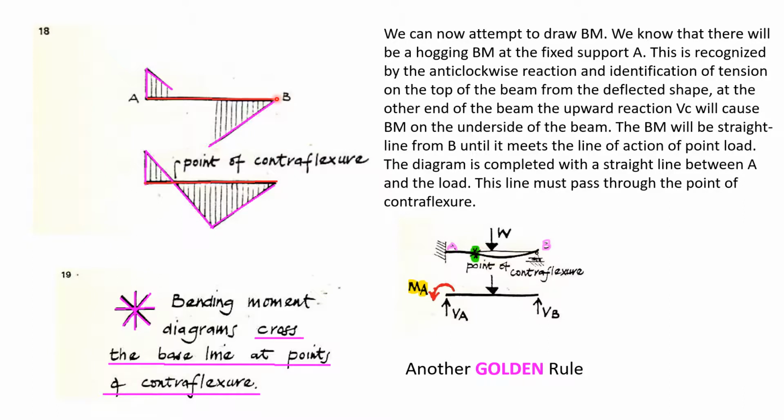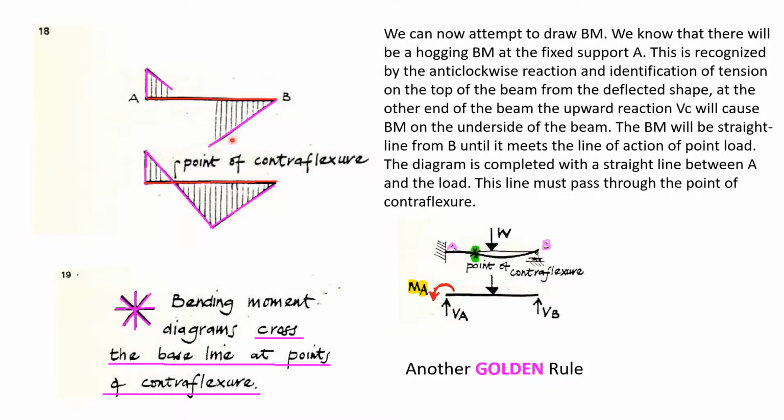The bending moment diagram starts from B as a straight line until the point where the line of action of this point load is. Then the diagram is completed by drawing a straight line like this, because here we have the hogging moment. On the top of the beam we have tension, so it is drawn like this, and at B we have tension on the other side of the beam, so we draw like this.